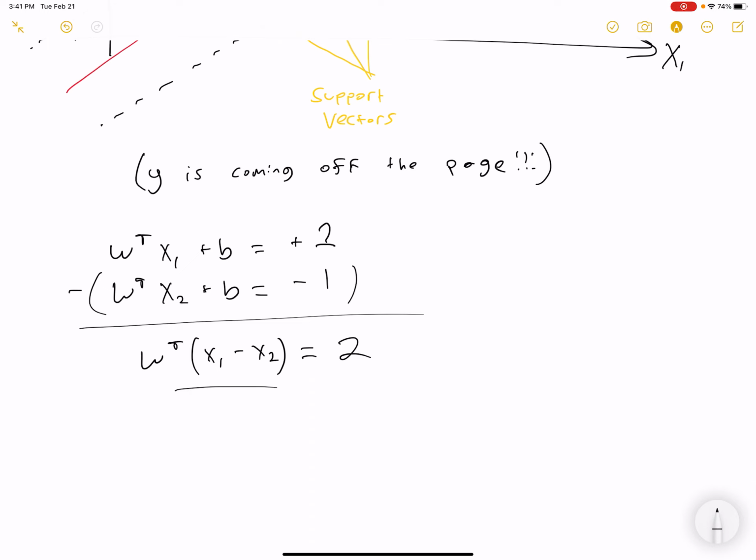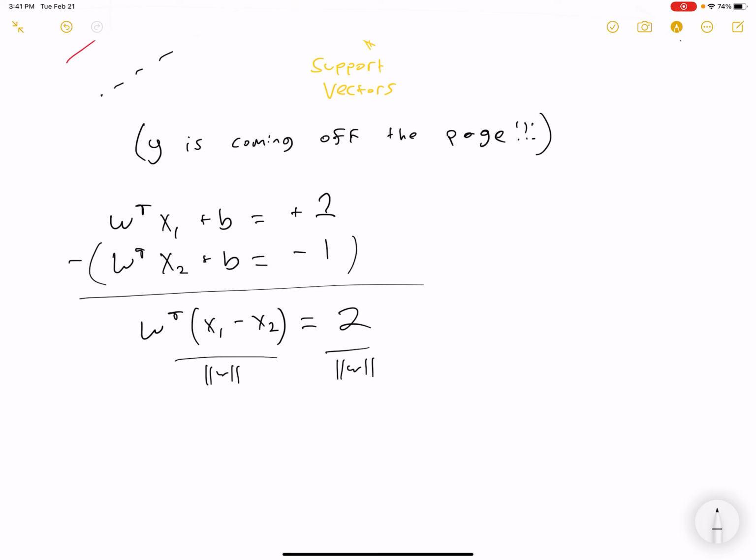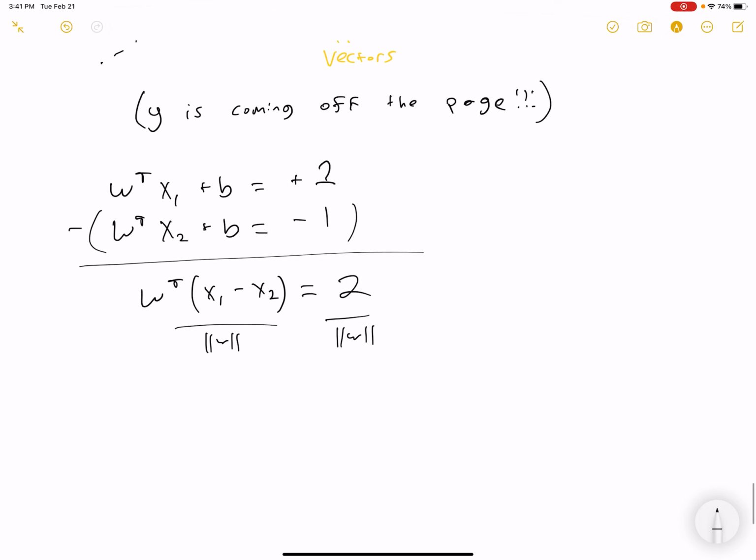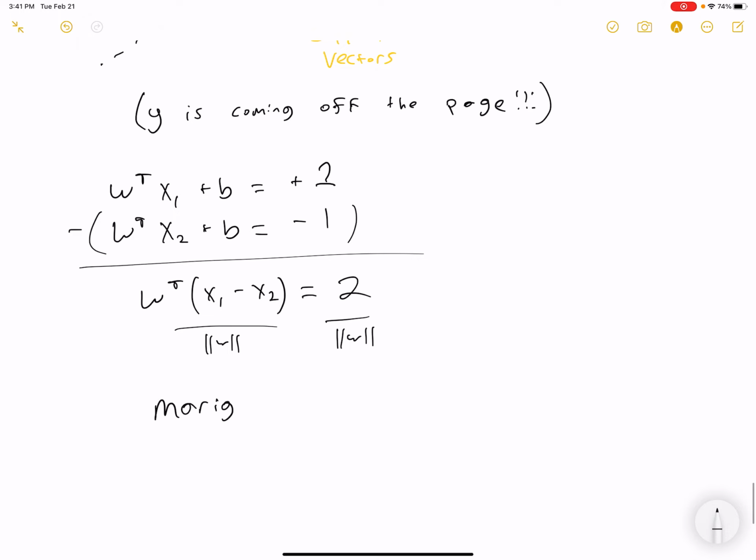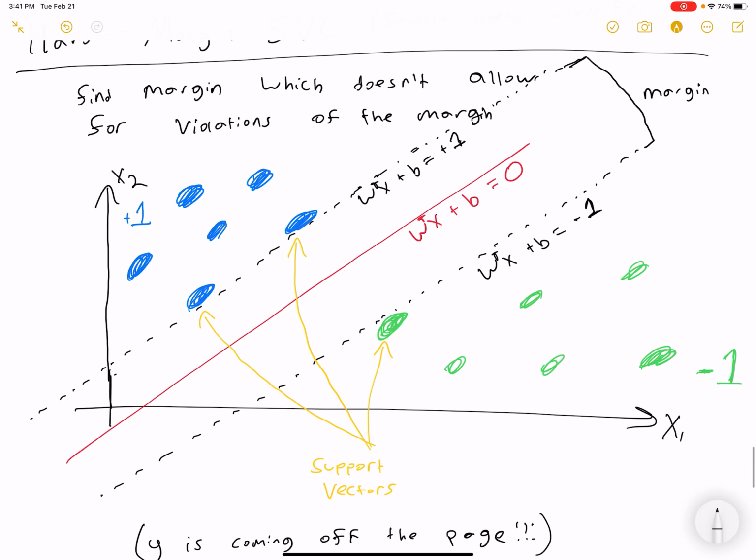But using some linear algebra tricks where basically we divide both sides by the norm, we can get that our margin is equal to 2 over the norm of W. And so that's a specific equation formula for the margin.